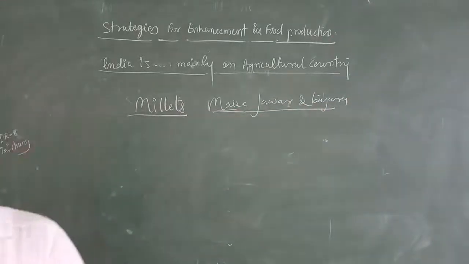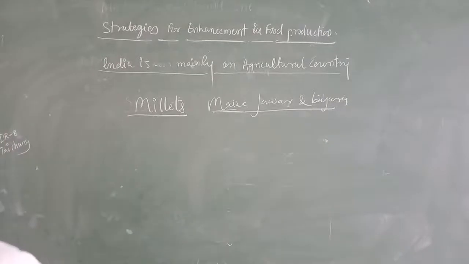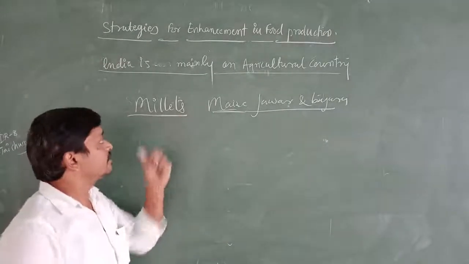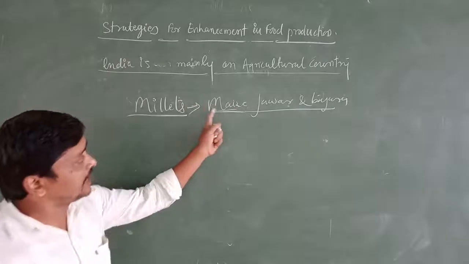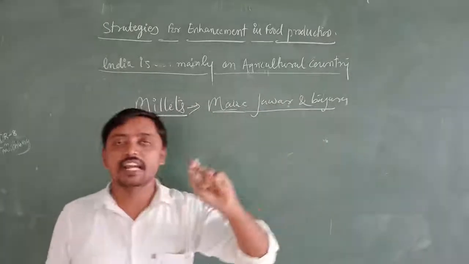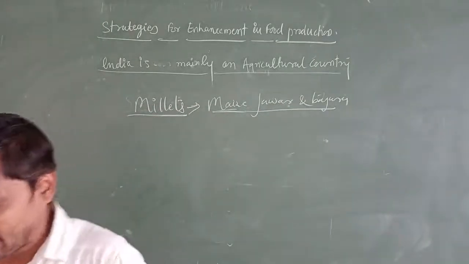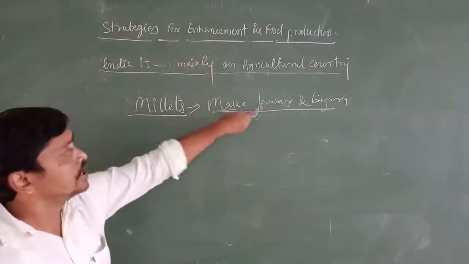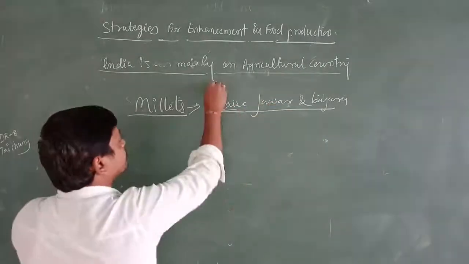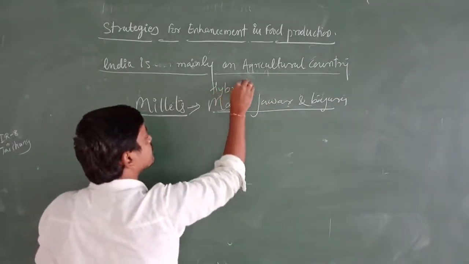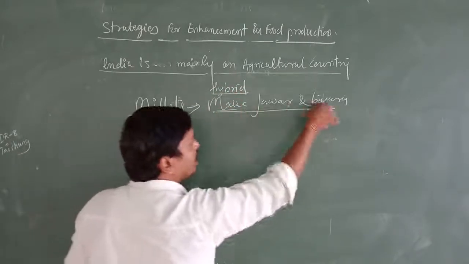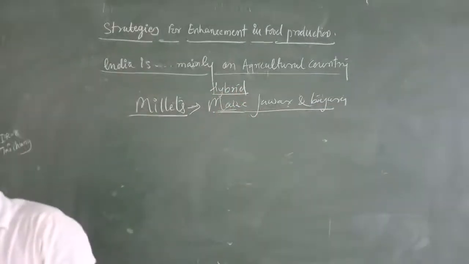Maize, jawar and bajra have been successfully developed in India. In the sense, millets like maize, jawar and bajra can be developed through hybridization, hybrid maize, jawar and bajra. Hybrid maize, jawar and bajra are successfully developed in India.